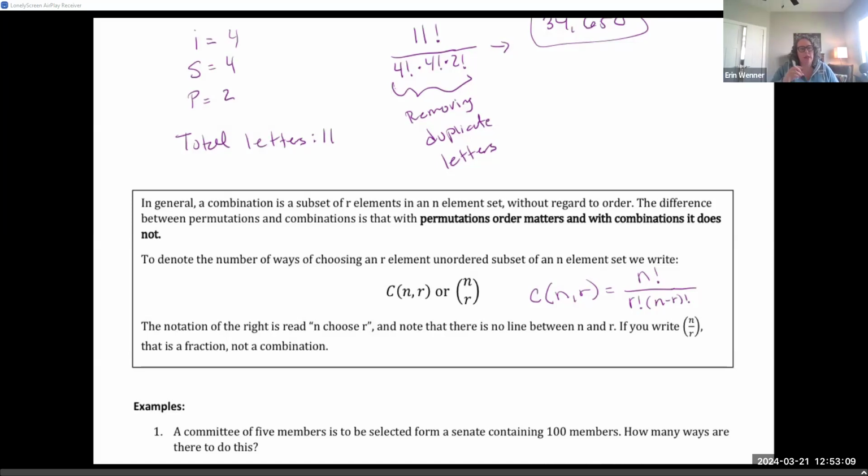So that extra piece is removing those double counts, because with combinations, order doesn't matter. Okay, and one thing I want to note is that when you're writing your notation, don't put a line, because now you're talking about a fraction. You'll notice that it's just N over R, so you're talking about N items taken R at a time.